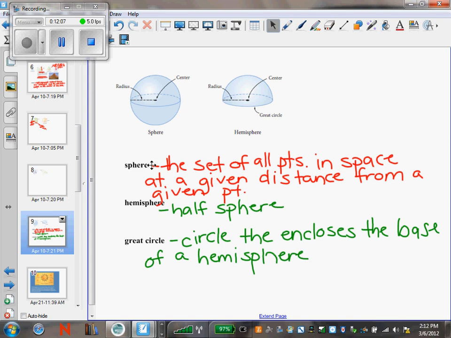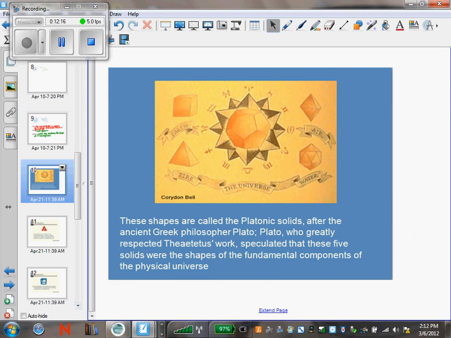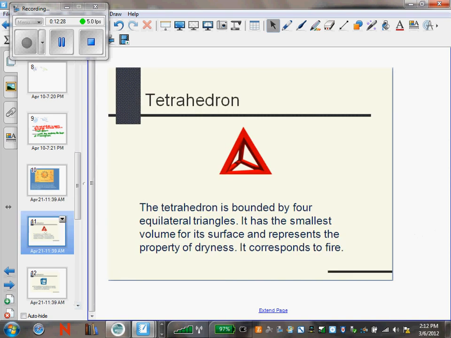Also, real quickly, want to talk about the 5 Platonic solids. These solids, as you see here, we're going to talk about each one specifically, are the Platonic solids. Take a minute and read that. The first one is the tetrahedron. These are definitions that you want to get into your notes. 4 equilateral triangles.